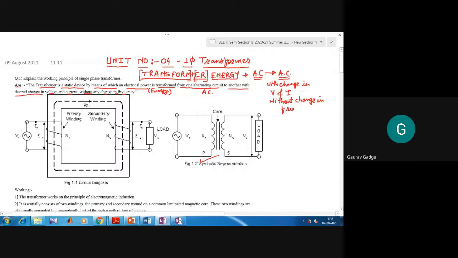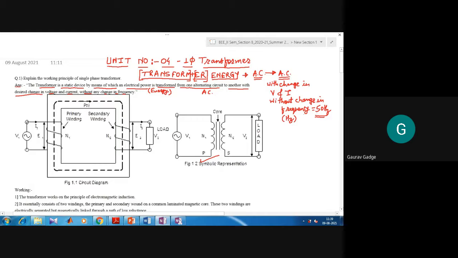Now, can anyone tell me, as per Indian standards, what is the Indian frequency? Okay, it is written here. 50 hertz. Yes, it is 50 hertz. Correct.